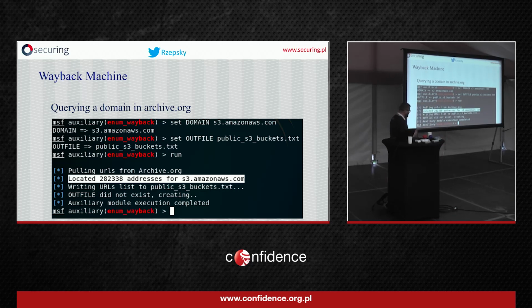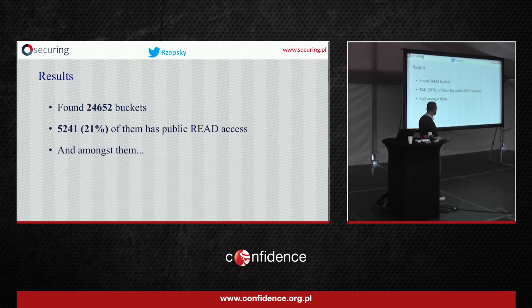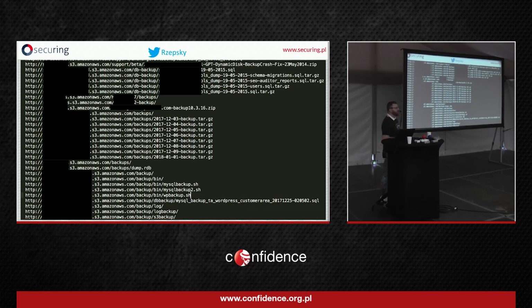So I did a little research, using only those methods that appear here, and I found almost 25,000 valid buckets. 21% of them, so more than 5,000, have public read access. Of course, not all of them contain something sensitive. However, I found thousands of backup files, and they are still there.